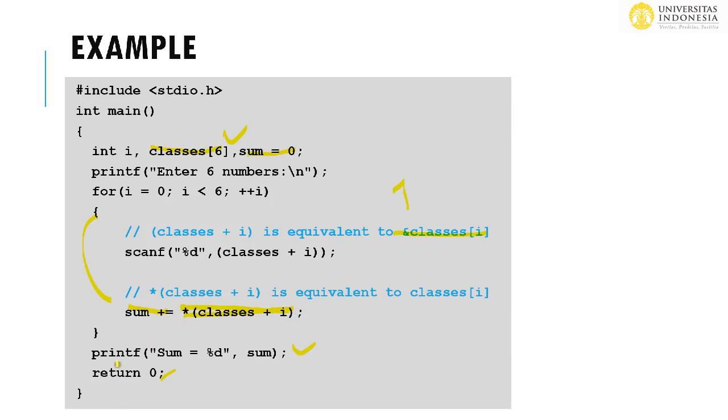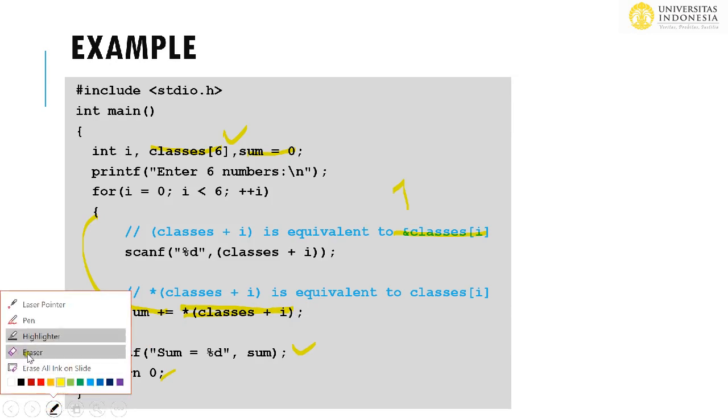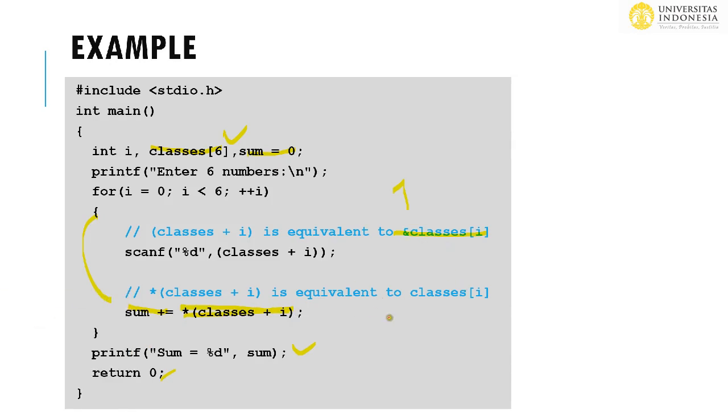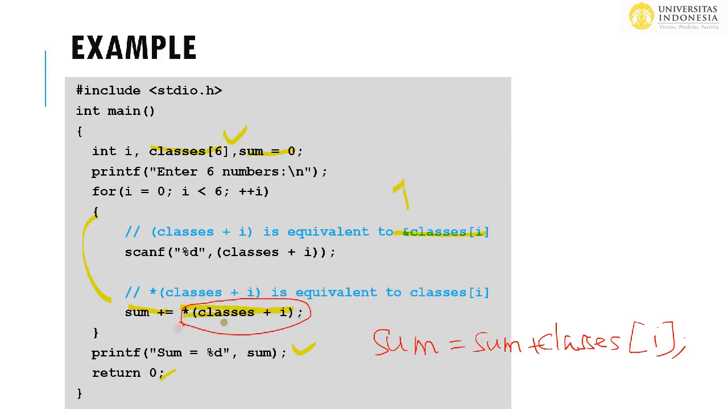Instead of using classes, for example here, if you make it in another statement, sum equals sum plus classes I. Here you just mention the content of the array name, meaning that you can see that the array is actually a pointer here. Okay, without any square brackets, right?